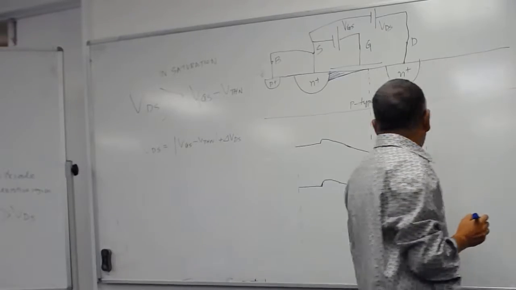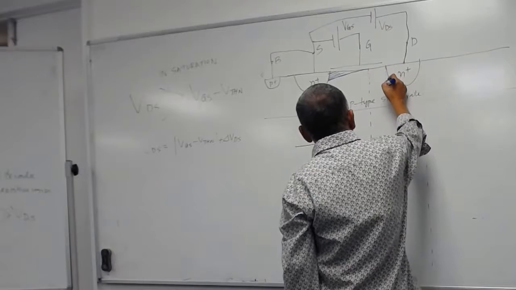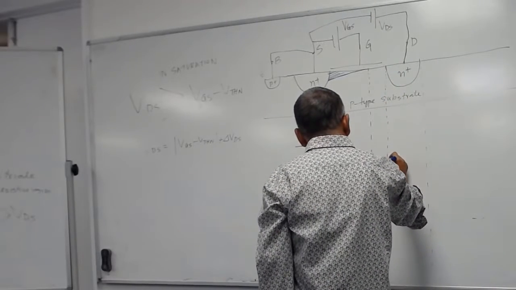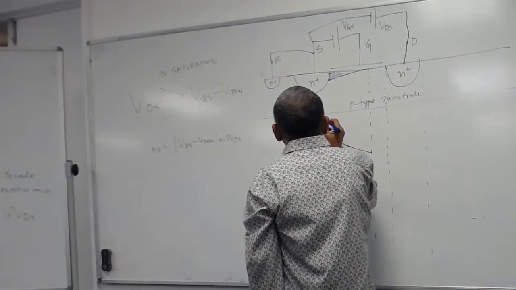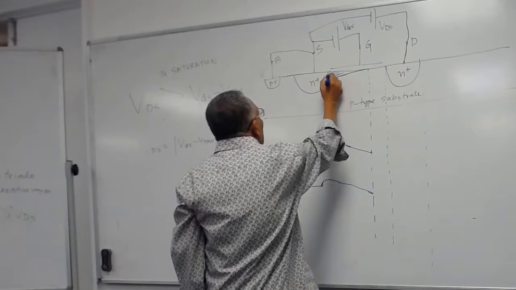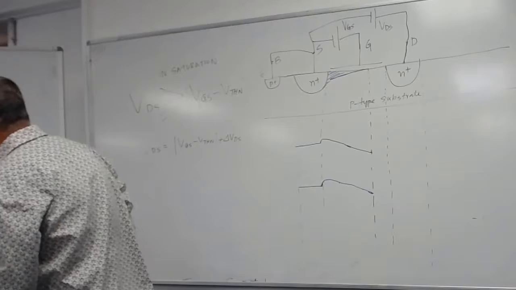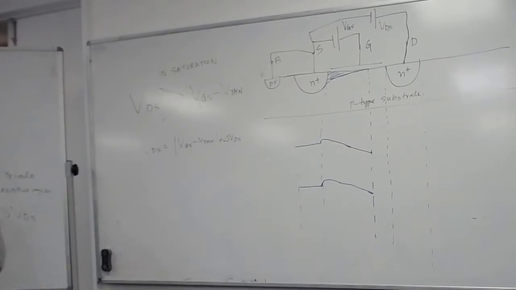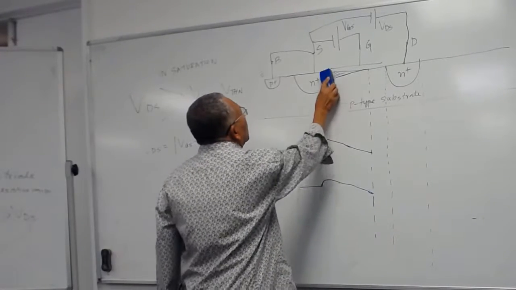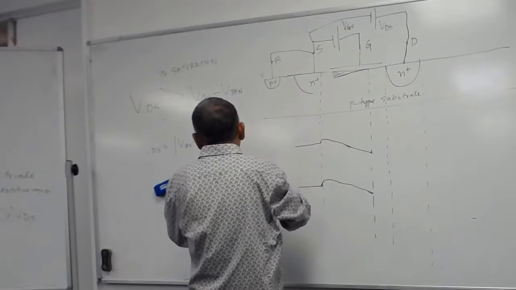And then what will happen? You have another line here. So you have one region from this edge, and this is from this edge. We reduce the source, then this will align with this.